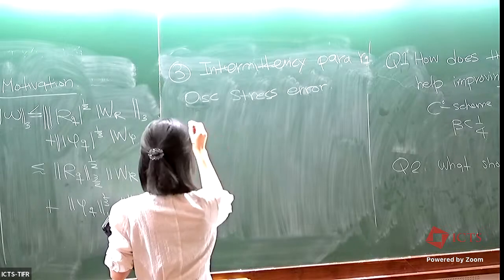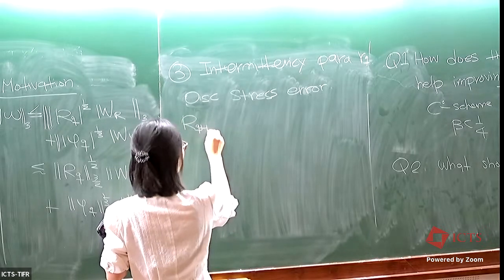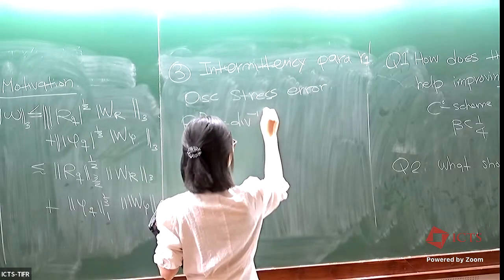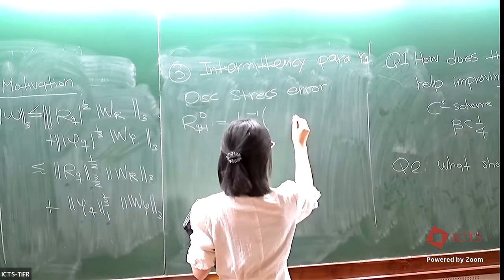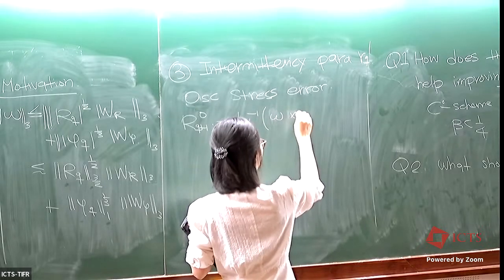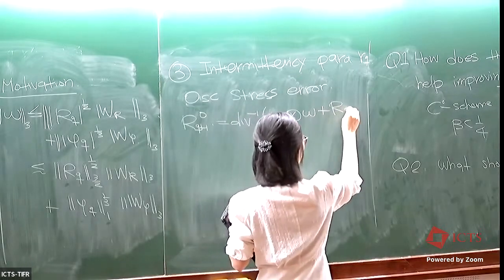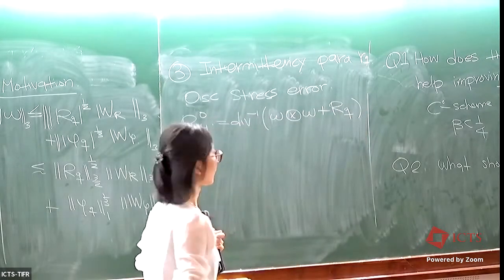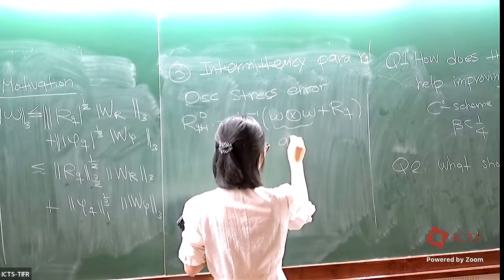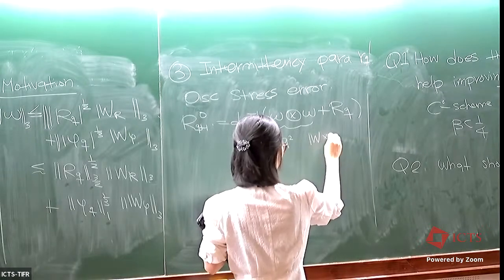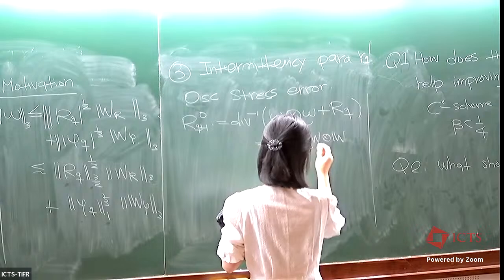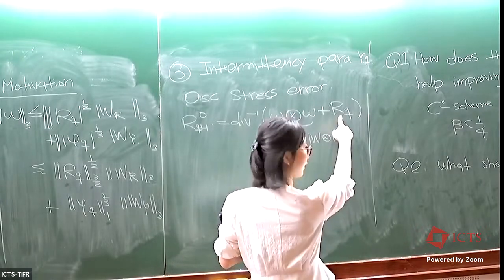Okay, let me recall. This error was given as the following form: inverse divergence of this. Let me just be precise. And this one can be written as follows: A square and then W tensor. And previously, by using the mean part of this, we cancel out this.